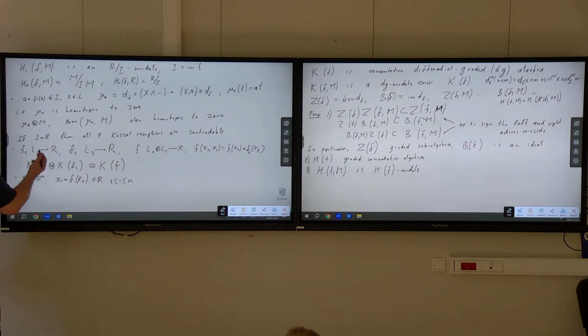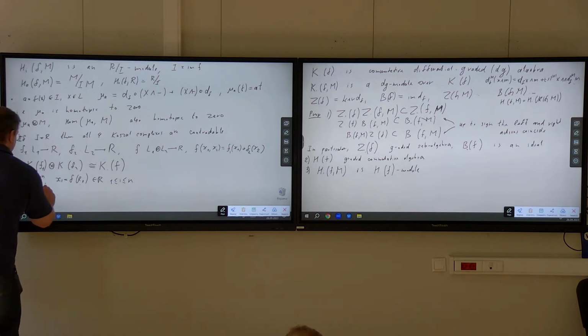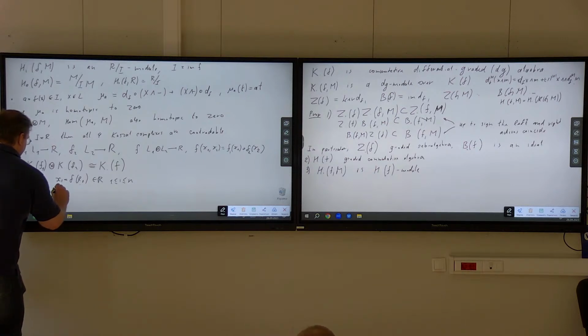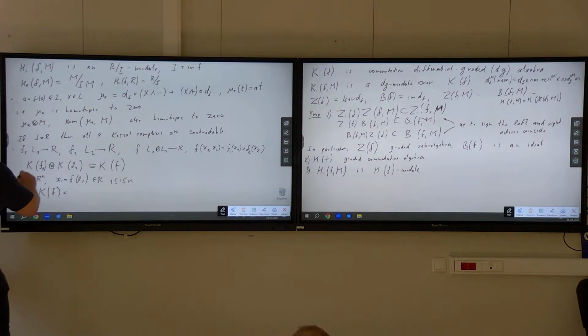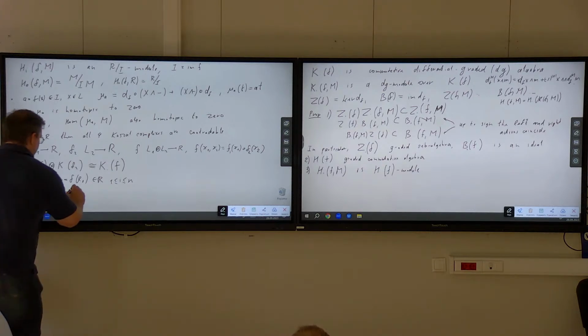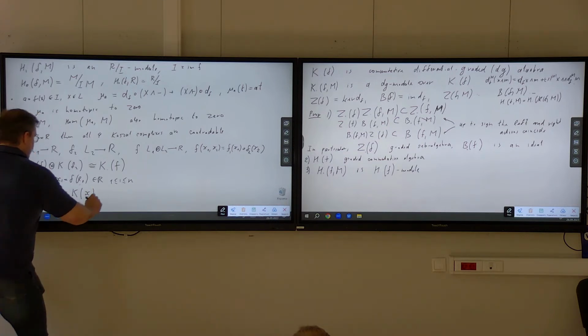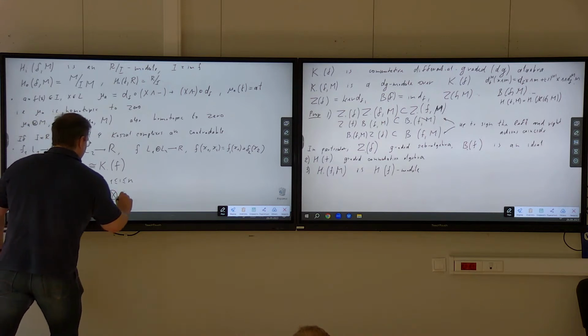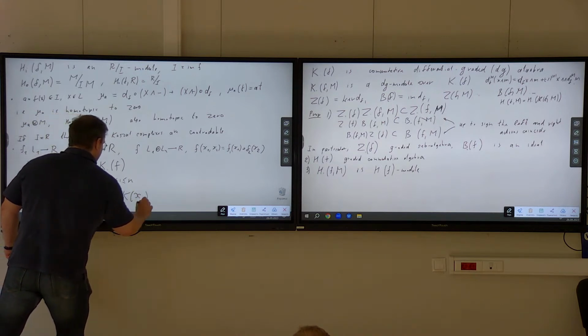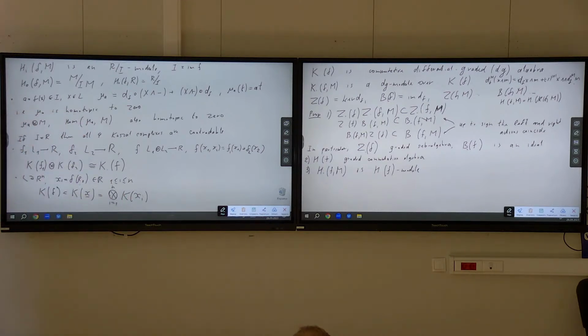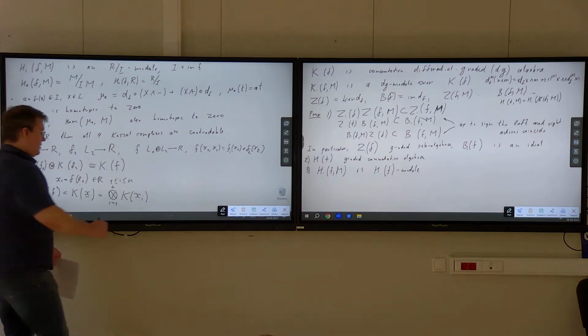So applying what we already know, we can say that the Koszul complex for F, which I'm going to write when I have this special situation of a free module, I'm going to write this just as X underlined. So this is the same as the tensor product of the Koszul complexes for individual xi. Okay, so just notation.